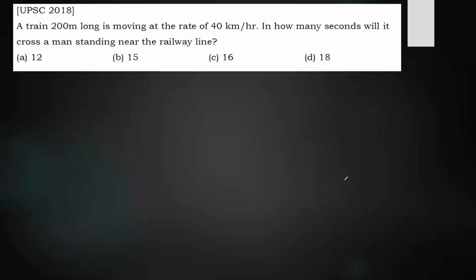Okay, give the next one a try. Always add the distance whatever the direction is. Speed is relative speed, only that differs. Give it a try.